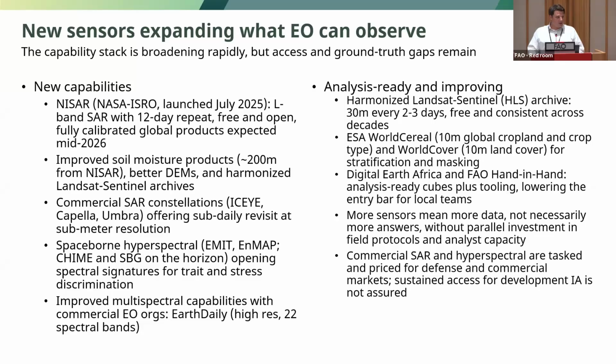One sensor that would have been really exciting to utilize, that's just recently launched and finally getting good data, is NISAR. That's the NASA-ISRO joint launch that happened last year, and they're just now getting data that's calibrated and ready to use.